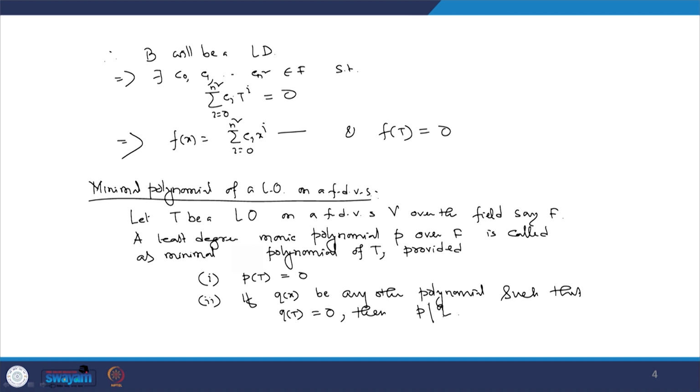Okay. So, this is the definition of the minimal polynomial of a linear operator.